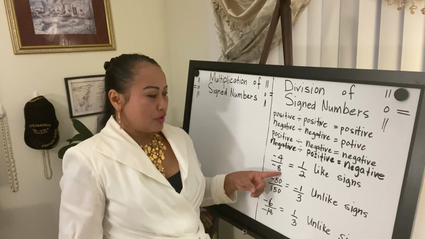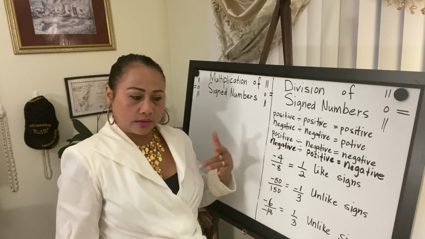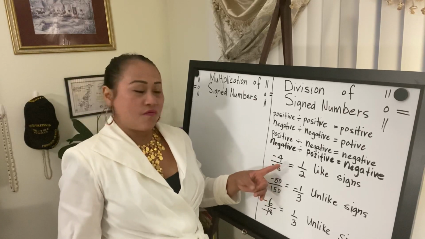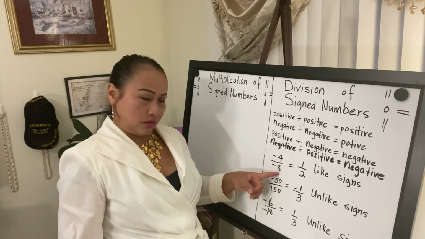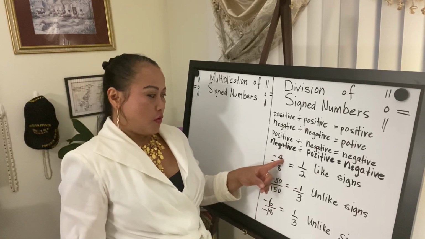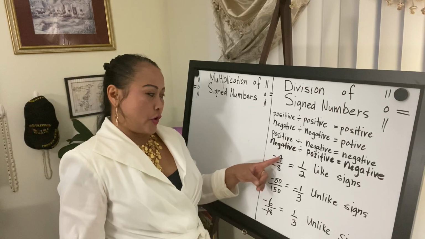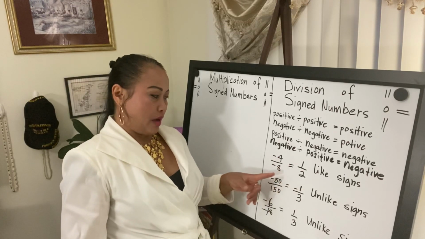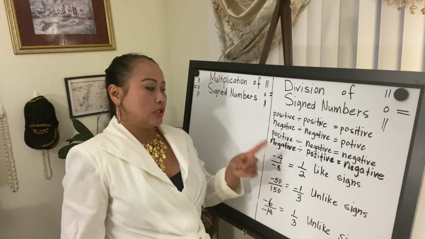You always simplify. Simplify by 4. So, how many 4 in 8? There are 2. You will divide it by 4. 4 divided by 4 equals 1. 8 divided by 4 is 2.